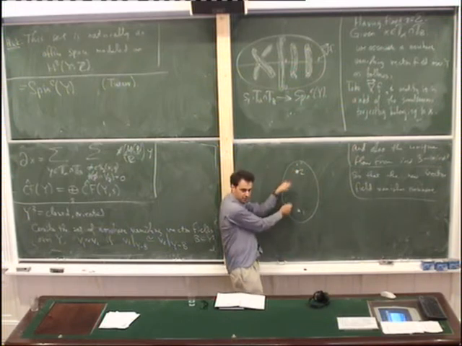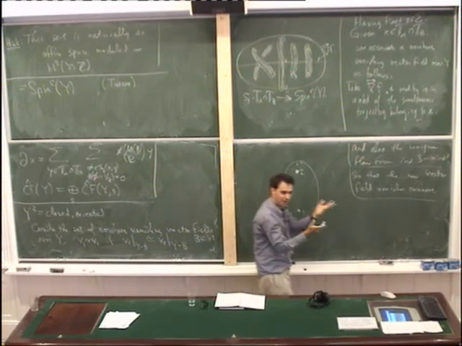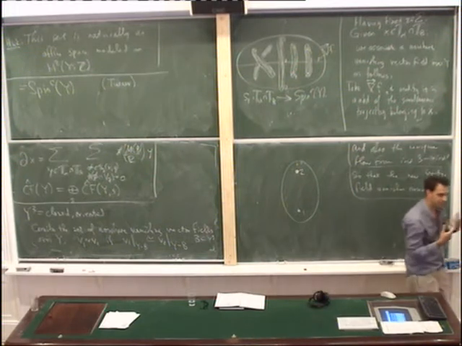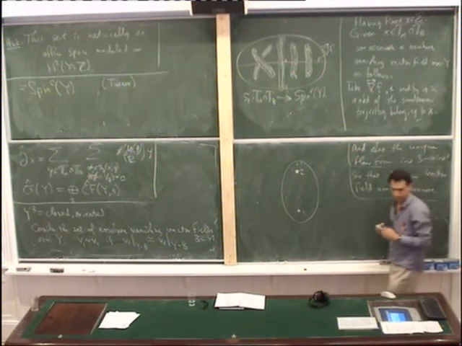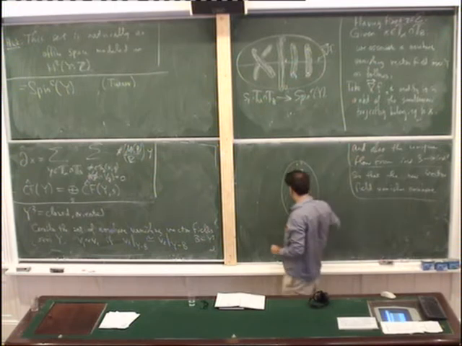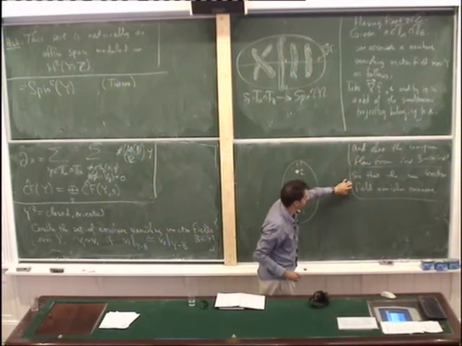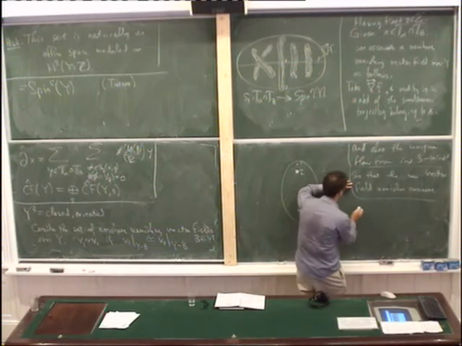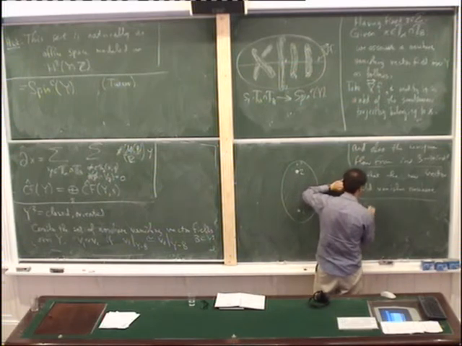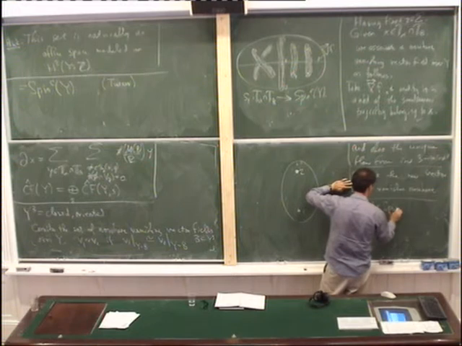Somehow you bring these two critical points together and they cancel. They don't cancel as critical points, but they cancel as zeros of the gradient vector field. And similarly for index 3 and index 0. So this can be done. And in that way, if you look at the equivalence class of that vector field, you get this element sz of x in spin c of y.